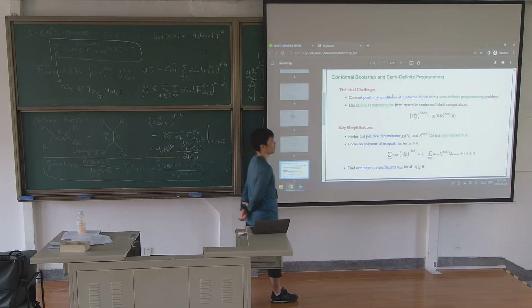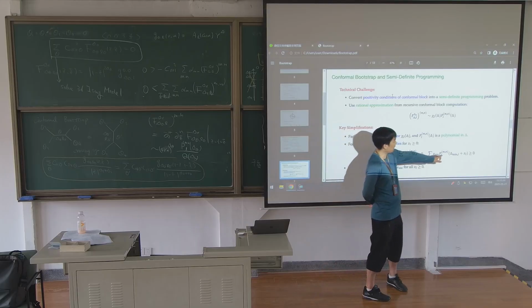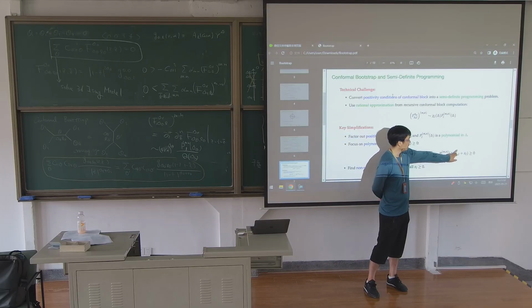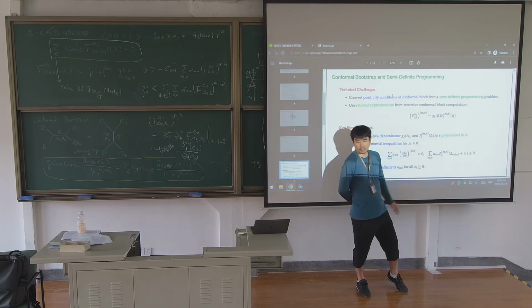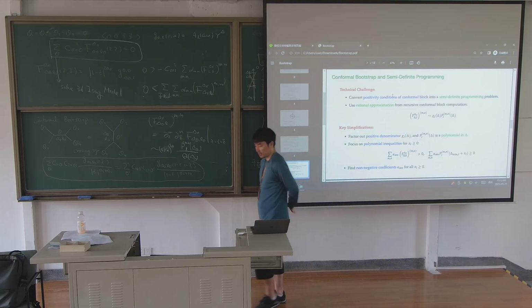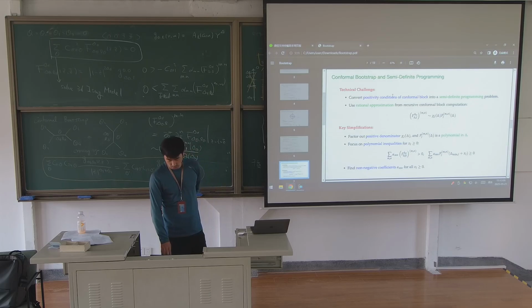So here I exclude some minimum value of this internal channel conformal dimension delta, which satisfies this one, which means delta min is excluded from the conformal bootstrap equation.